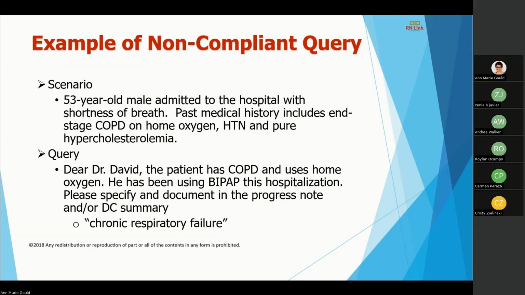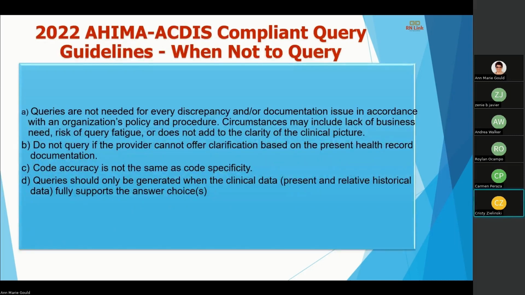Going back to what Anne-Marie was saying, you should not query for everything. For example, like Anne-Marie said, if a case already has 4 SOI and 4 ROM, or already has several MCCs, what you could do is focus on something that really needs to be reviewed thoroughly.